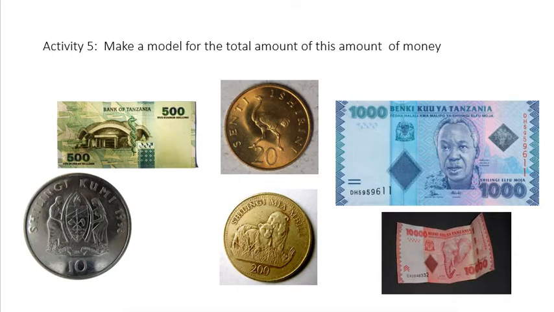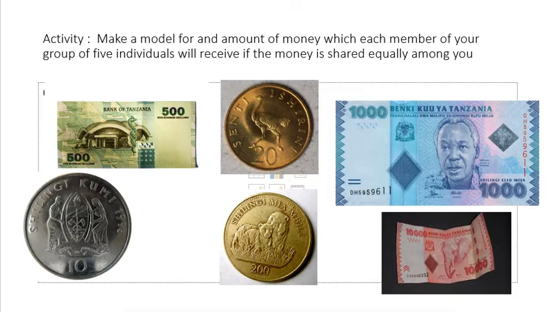It means each amount here will have its own model. There are 6 of them, because here you have this amount, this amount, this amount, this amount, this amount, and this amount, so you should construct 6 grid squares to model this amount of money.